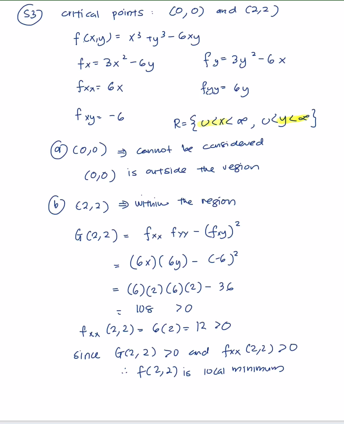If we calculate f(2, 2), we obtain 2 cubed plus 2 cubed minus 6 times 2 times 2, which is equal to minus 8. Therefore minus 8 is the absolute minimum. Okay, so this is our final answer.